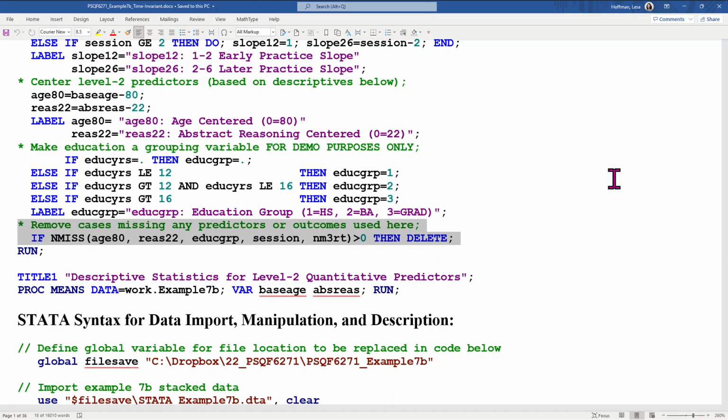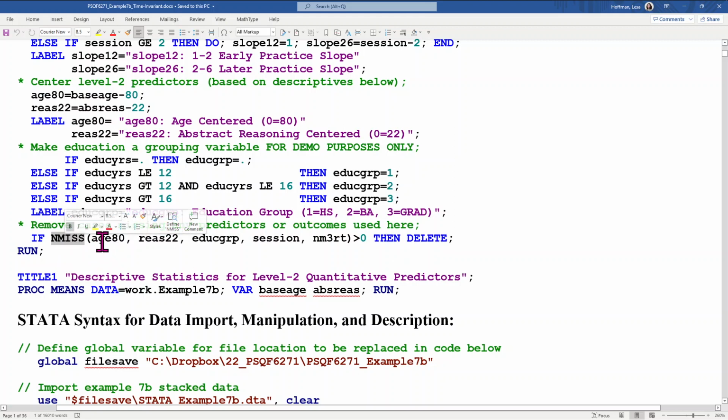If you have just a little bit, what this does is enable your sample to remain constant across models, regardless of whether you have a particular variable in that model at that time or not. So the SAS function I'm using is nmiss, which computes the number missing across these columns. I'm saying if the number missing is greater than 0, then delete those rows. So any rows that are incomplete with respect to these 5 variables will be removed.